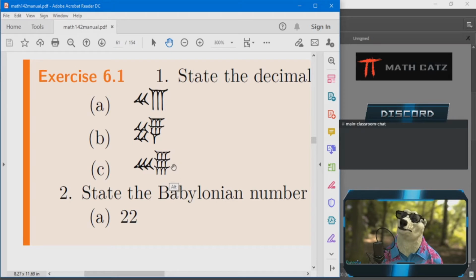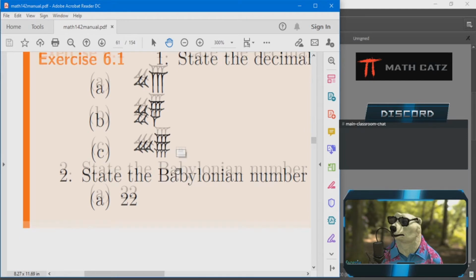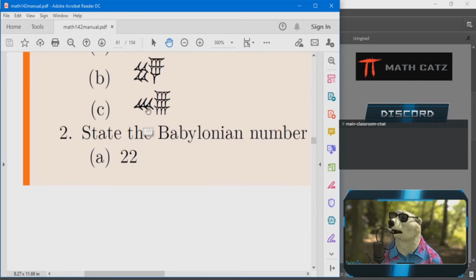But any more, let's get a new symbol for 10 and use that so that we don't repeat the same symbol too many times. So they said, okay, 9 of these little ones and we're going to be okay. And the 10s are a different symbol, so we don't have an issue right now.